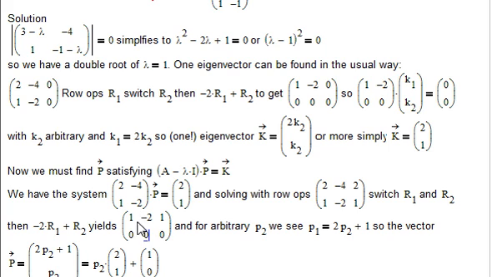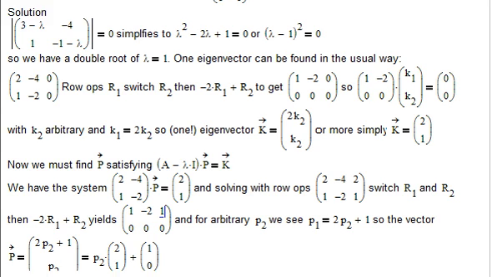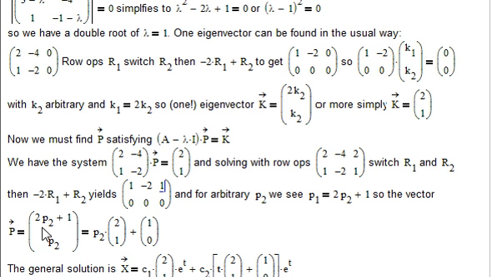If P2 is arbitrary, then P1 is 2P2 plus 1. So the vector 2P2 plus 1 and P2, which is this, if you factor out the P2, you could make this, which is really the same eigenvector as we got before, but then we have this new vector 1, 0 that we did not have before.